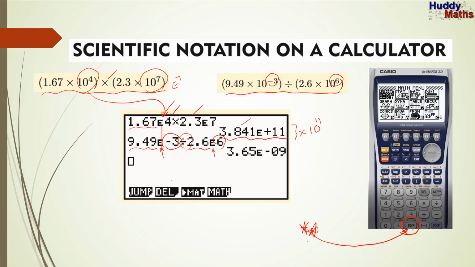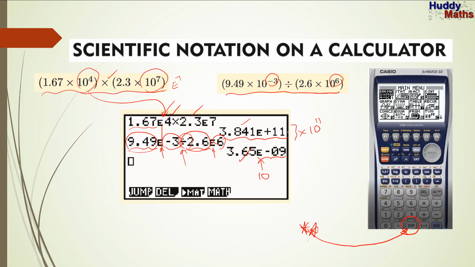When you multiply those together, we're dividing here. You divide them, it's 9.49 divided by 2.6. Comes out to that, and then the calculator will tell you the resultant power of 10. That means 10 to the neg 0.09. Okay, so it's a very, very, very small number.